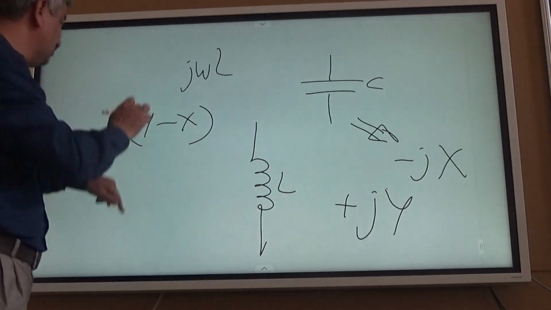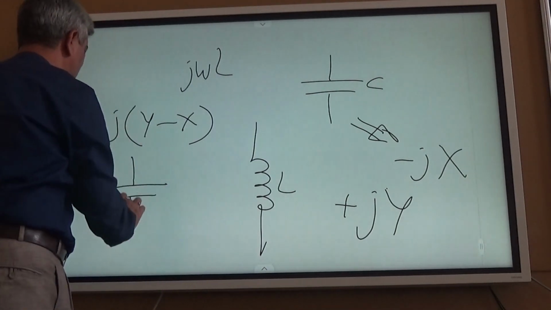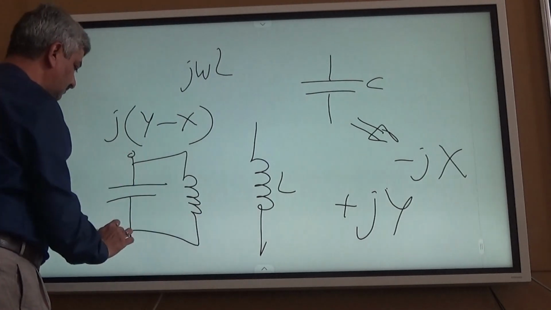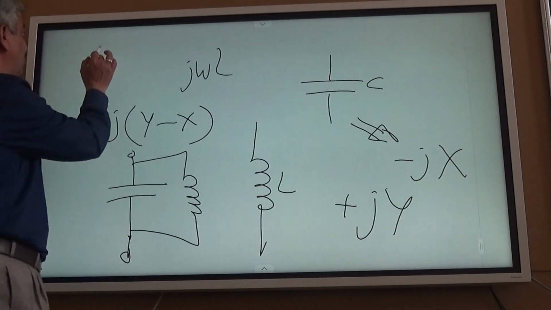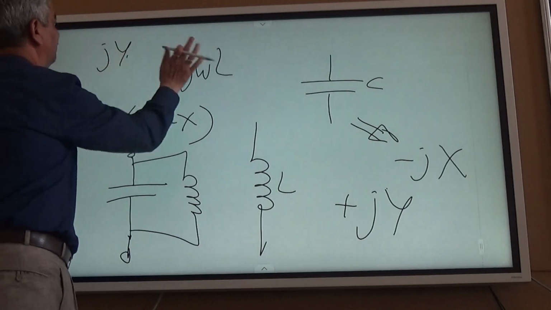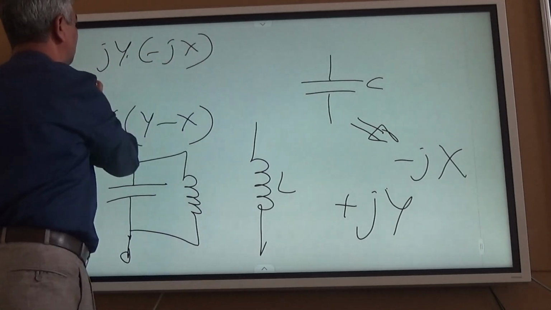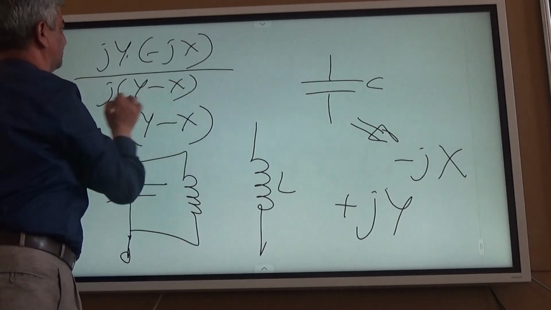Now, if I put them in parallel, what will happen? Parallel, कसं कमेंट करतो आपण parallel ला? R1 parallel R2 is R1 R2 upon R1 plus R2. So jy into minus jx upon j into bracket y minus x.